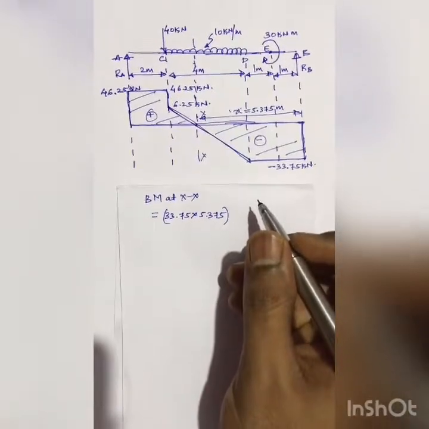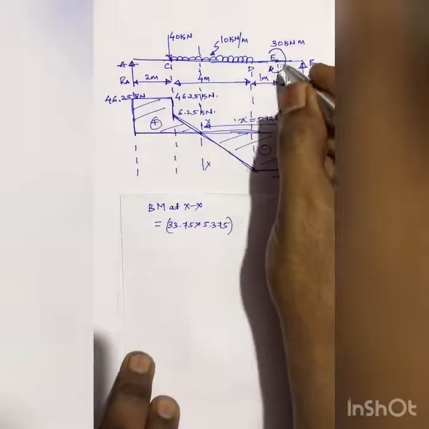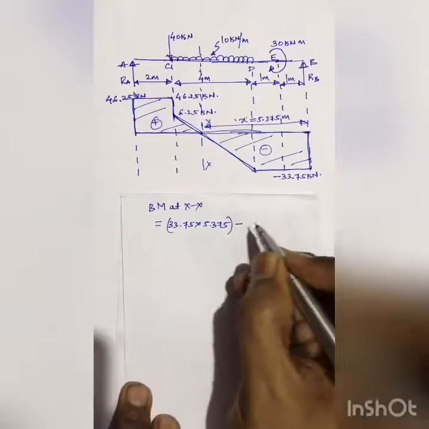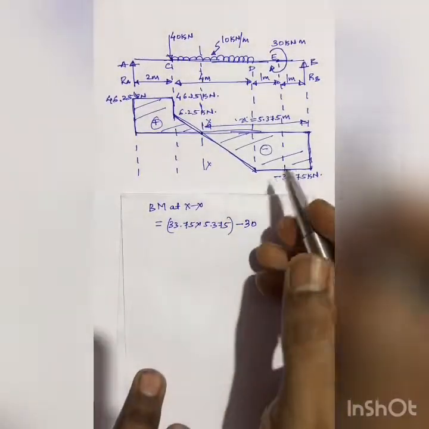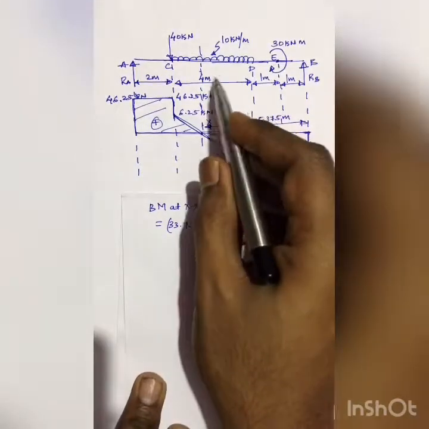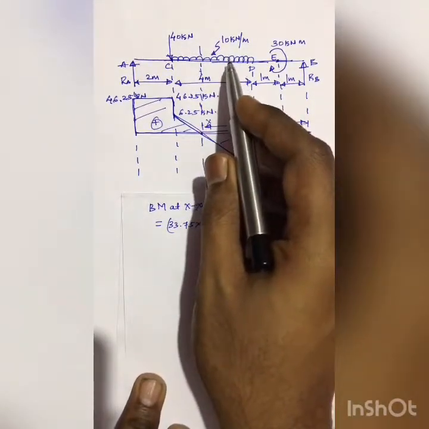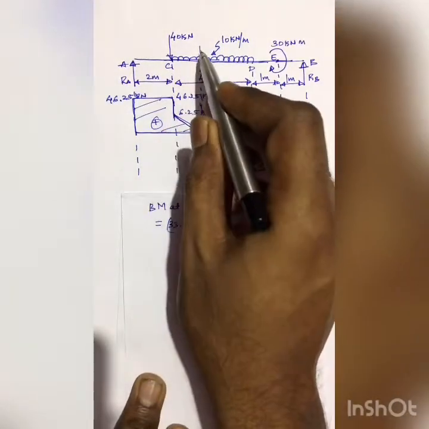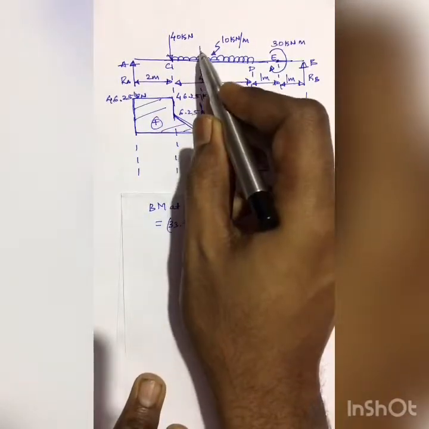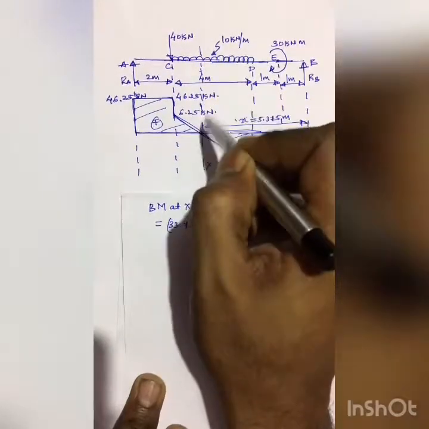Minus this clockwise moment, that is minus 30. And next I'll have to consider this 10 kilonewton per meter UDL, but I'll have to consider this not till this point but only till the section XX, like this.